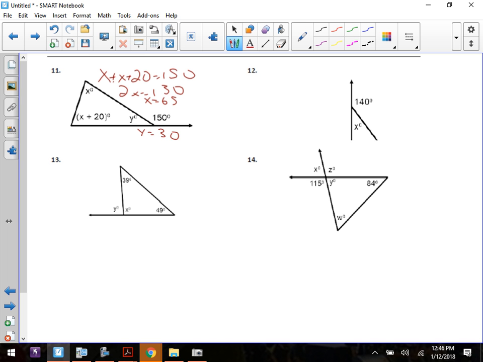What does x have to equal in 12? 40. I'm sorry, I couldn't hear you. Yep, you can do that too. But the reason that I didn't do it that way is because if I go x plus 20 plus 30 is 180, it's a triangle.